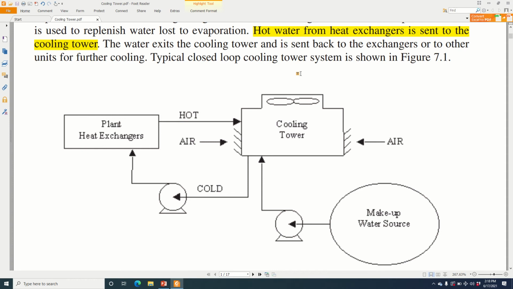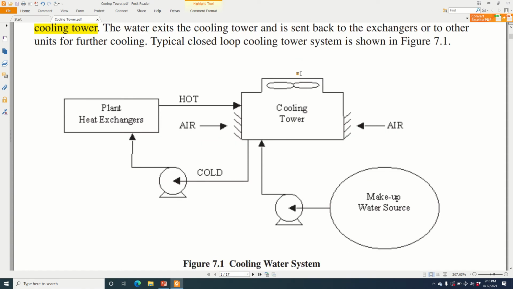This diagram is showing the cooling water system. The hot water coming from the plant heat exchangers comes to the cooling tower, and in this cooling tower air is blown with the help of fans, and heat is removed by air from the hot water circulation.